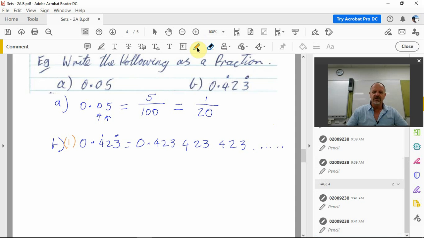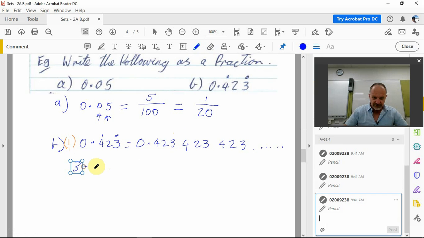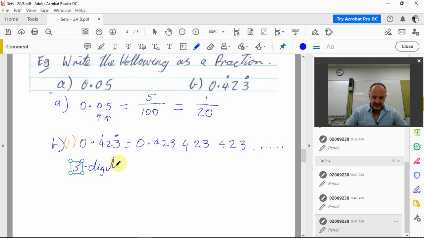And then what I'm going to do is adjust this. Because we've got a group of 3 digits repeating, I'm going to multiply both sides by 1,000, because there's 3 zeros.